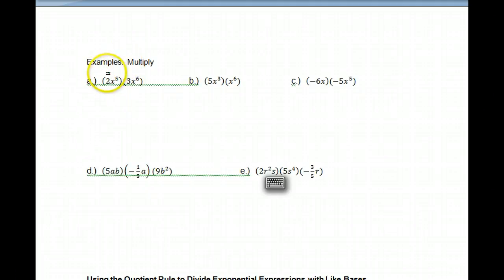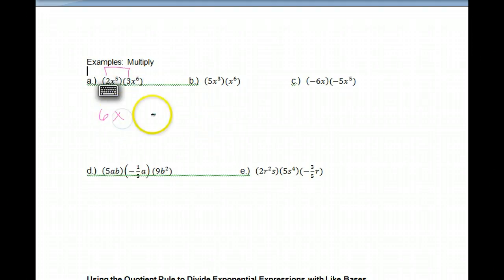So we're going to follow the same rules here. We're going to start by multiplying our coefficients. So 2 times 3 makes 6. And then we follow the same exact product rule. We keep the base the same and we add the exponents. So 5 plus 6 makes 11.